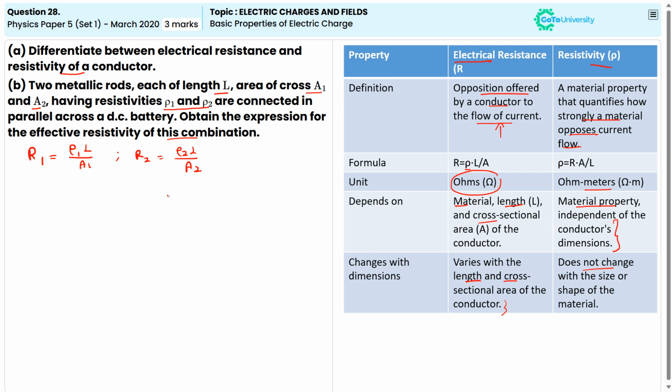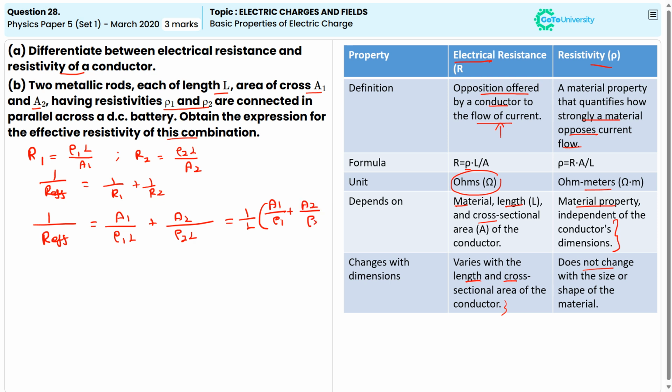So for resistances in parallel, the formula for the total or effective resistance can be written as 1 by R effective equal to 1 by R1 plus 1 by R2. From this we can write, along with the cross sections A1 and A2, 1 by R effective equal to A1 by ρ1 L plus A2 by ρ2 L. So we can write 1 by L into A1 by ρ1 plus A2 by ρ2.